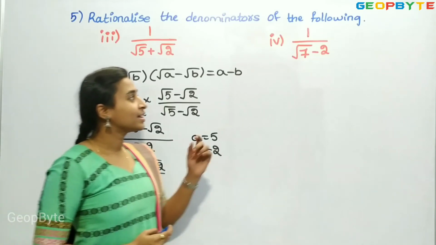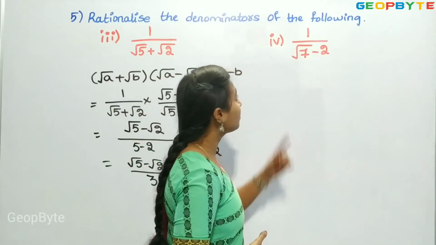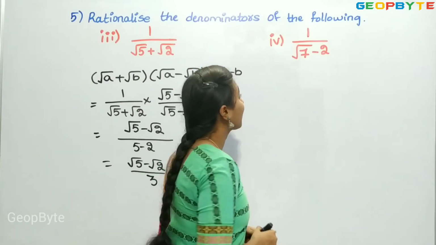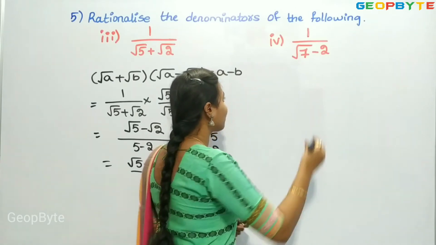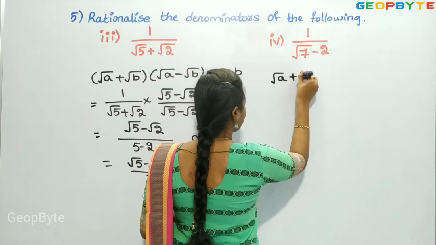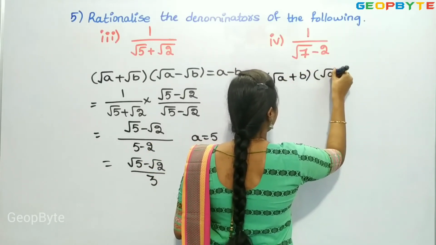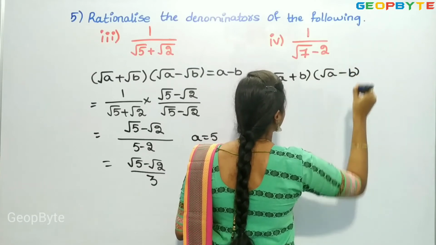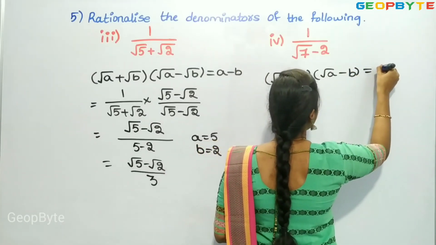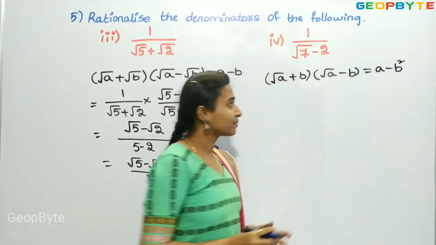Now let us see the last equation, which is the fourth equation. We have 1 by under root 7 minus 2. So it is in the format root A plus B into root A minus B. So the answer for this is A minus B square.